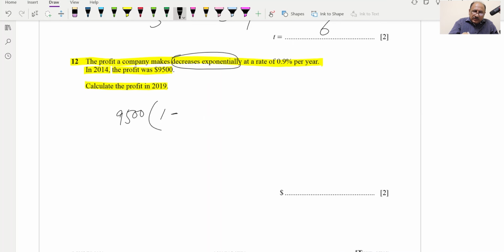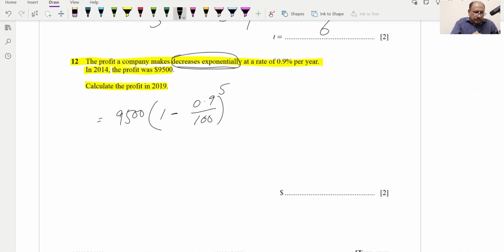If there is exponential decrease or depreciation or reduction or something losing or even loss, then you will be taking minus sign. And the rate is 0.9 over 100 and this will be raised to the power time duration, which is 5 years from 2014 up to 19.